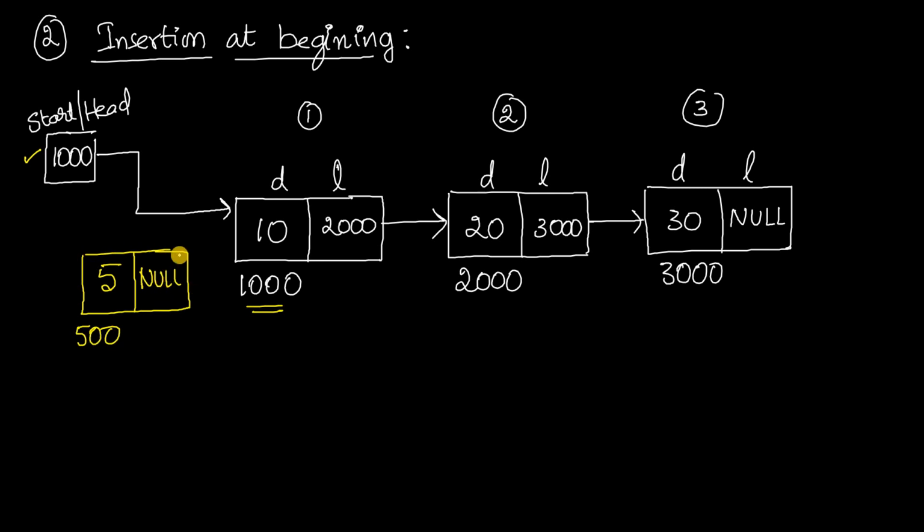Now how can I make this node the first node? Very simple. If you remove 1000 here, this link will be deleted, and store here 500, which is the address of this newly created node. So thereby a link will be formed like this, right?